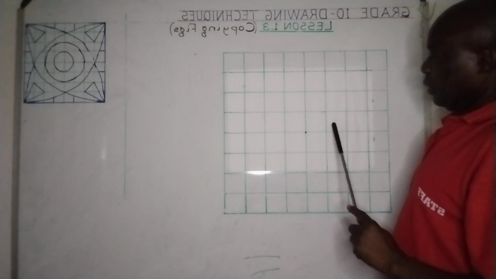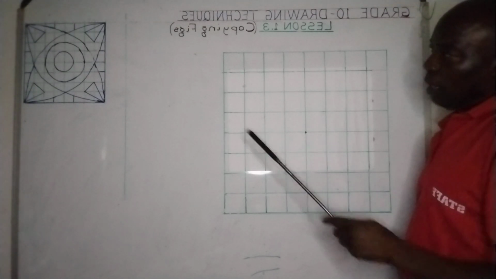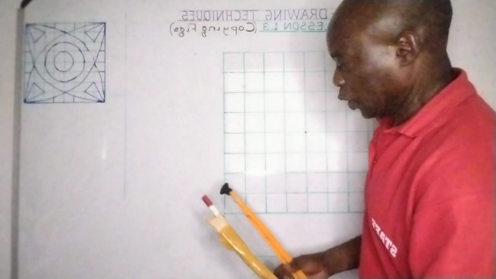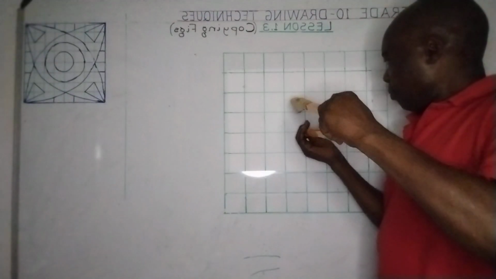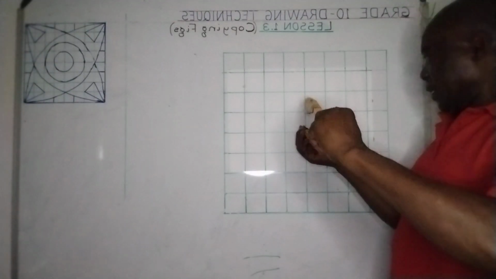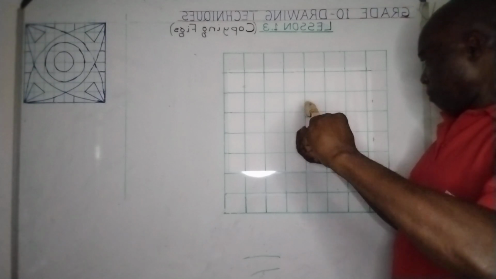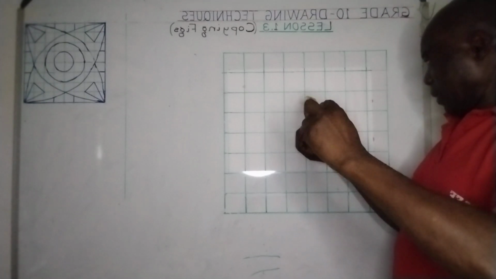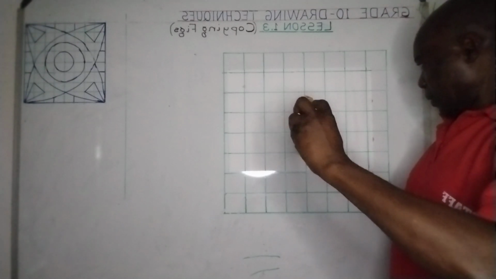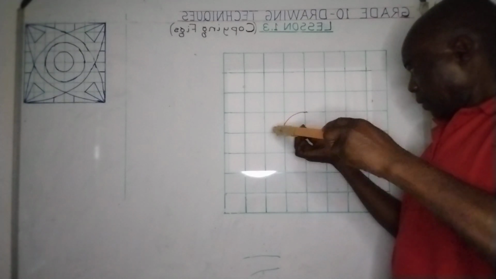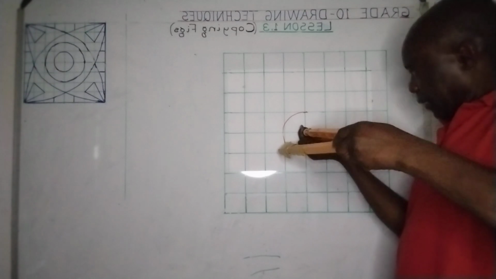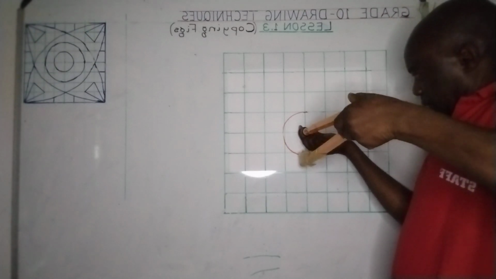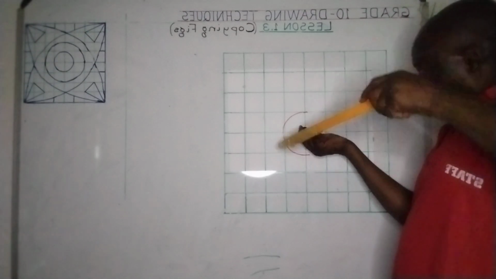Right. So I'll start with the 2 circles. I use that center there, and that's my radius. Unfortunately, since these are not perfect squares, it might not pass through the corners.